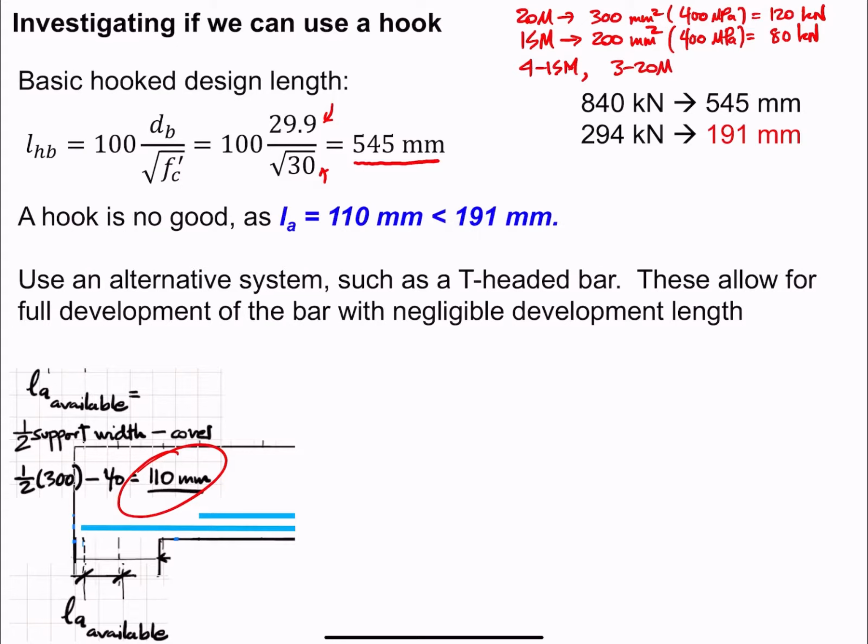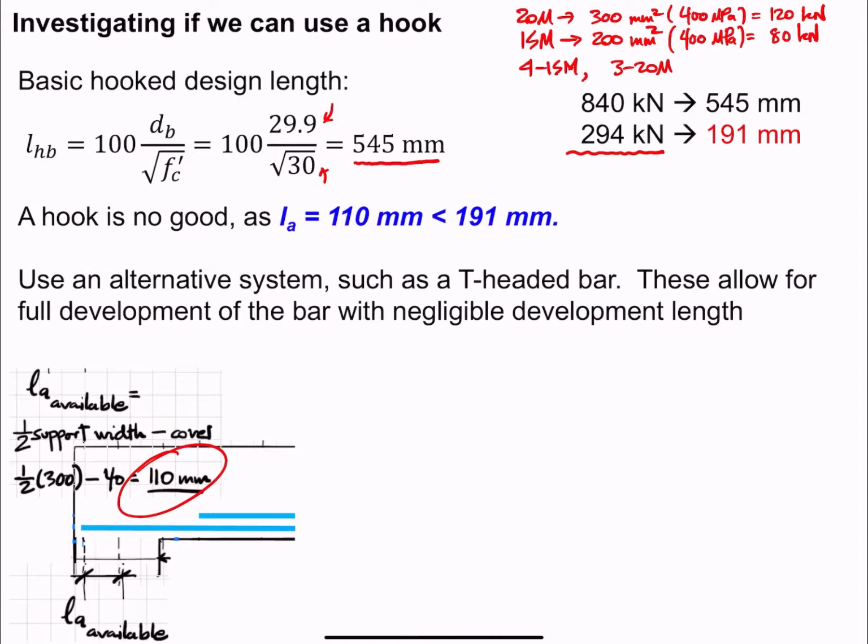We can add these segments, and then we would be able to carry 294 kilonewtons. So in this particular example, I'm going to show you that you can use special hardware.